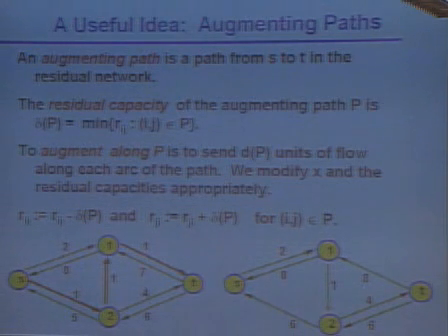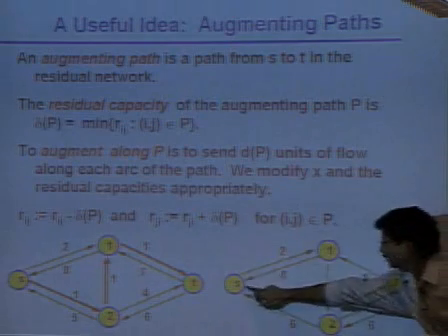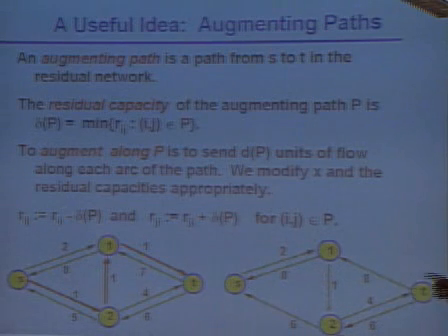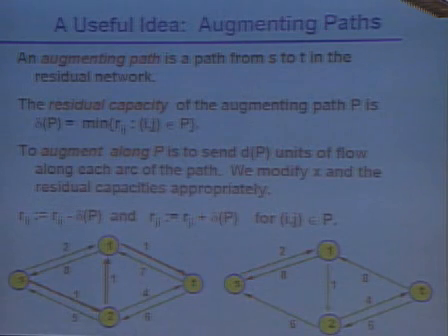So here is S. Here is 1. Here is 2. And here is T. Now, the augmenting path is going to be S to 1, 1 to 2, and 2 to T. We are going to send 1 unit of flow extra from S to 1, 1 to 2, and 2 to T. So just keep that in mind.